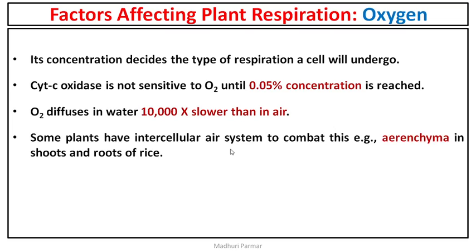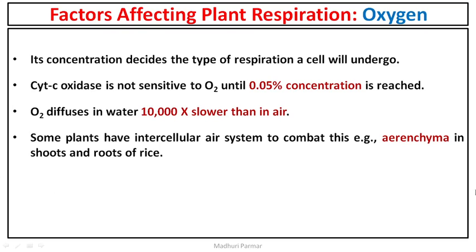Some plants have an intracellular air system like parenchyma. Parenchyma is a type of simple cells, soft tissue in plants. Between these cells there is a lot of space, and in this space oxygen or air will be stored.